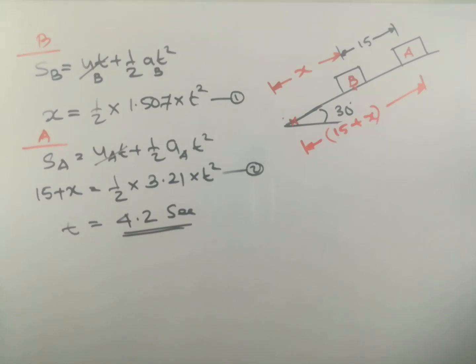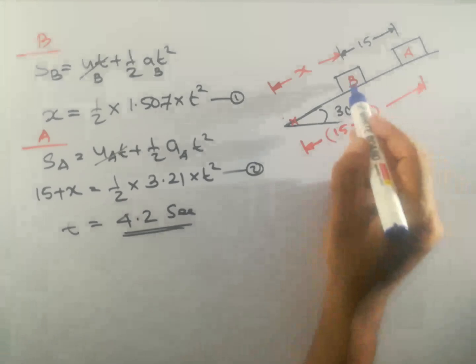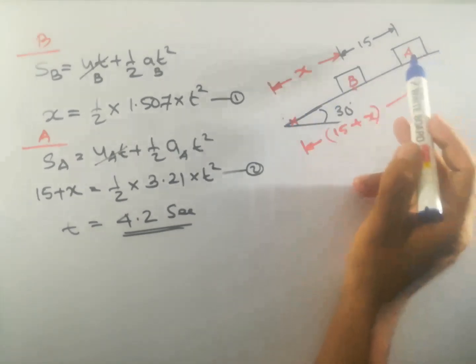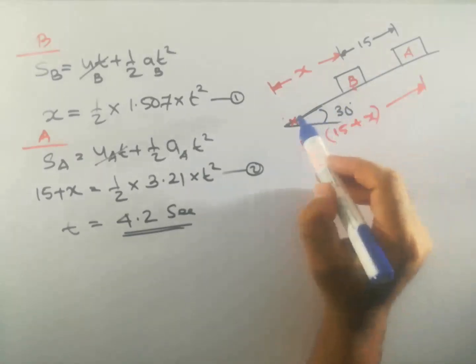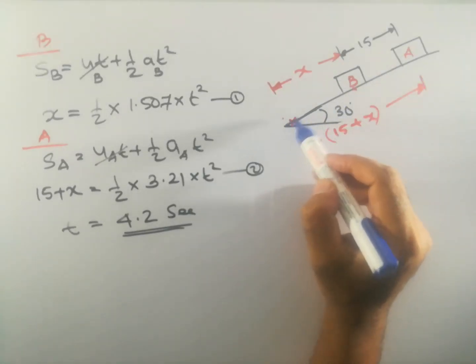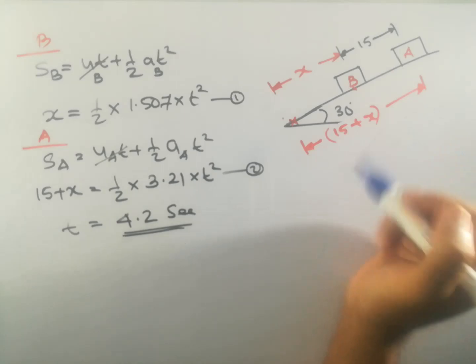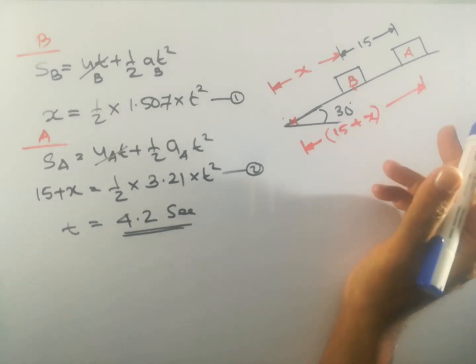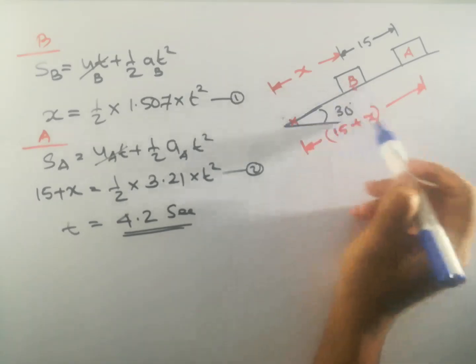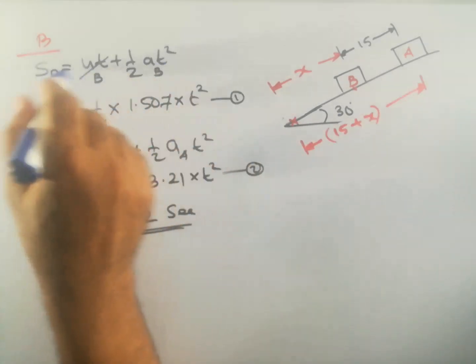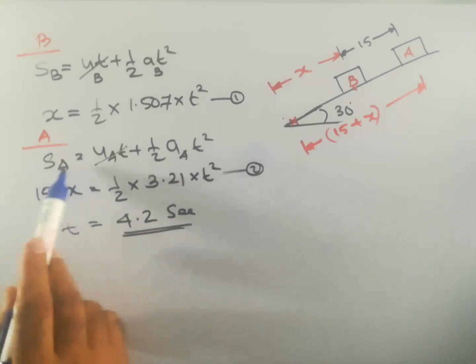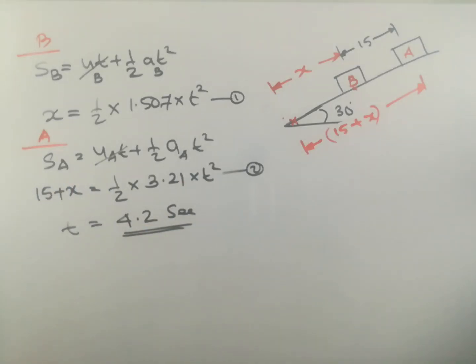So in t seconds, B will travel a distance of x meters and A will travel a distance of 15 plus x, so that they will collide, and the collision point will be the assumed point. Now if you are asked to find the distance traveled during this time of t seconds, that is 4.2 seconds, you can substitute the value of t in SB and SA also to get it.